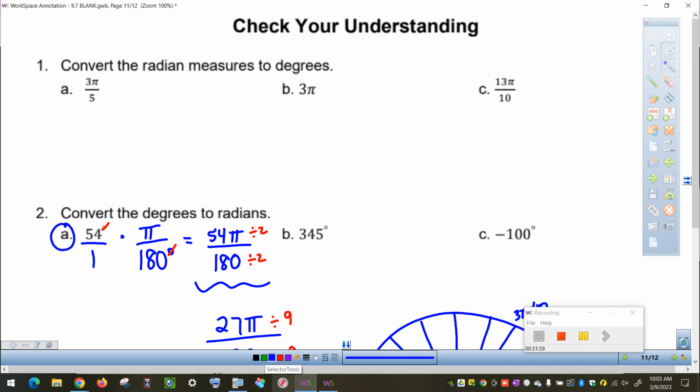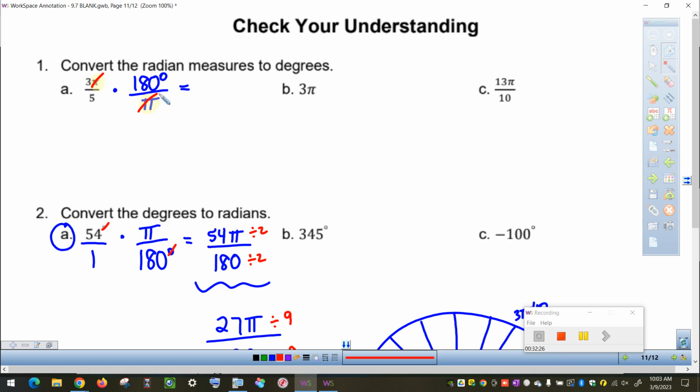So let's say that I wanted to do 3 pi over 5. That's also not a standard one on my circle, which is fine, but I can use my conversion factor of multiplying it by 180 degrees over pi. The way that I know I'm doing the correct conversion factor is because I'm always thinking about what I'm canceling. So this pi on the numerator with that pi on the denominator, kind of like how the degree symbol canceled out before.